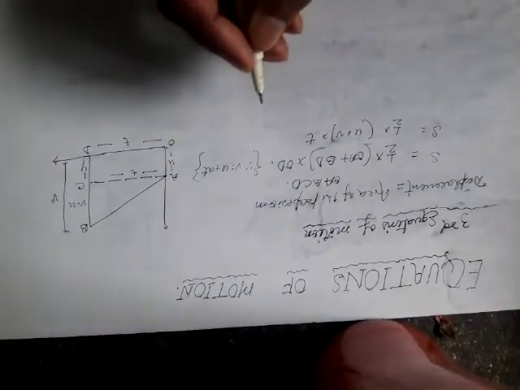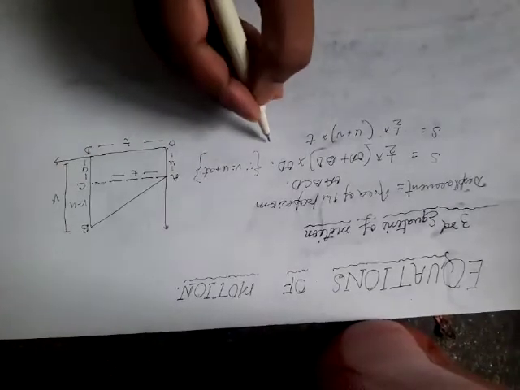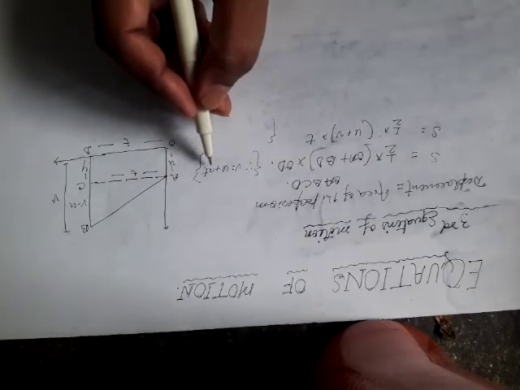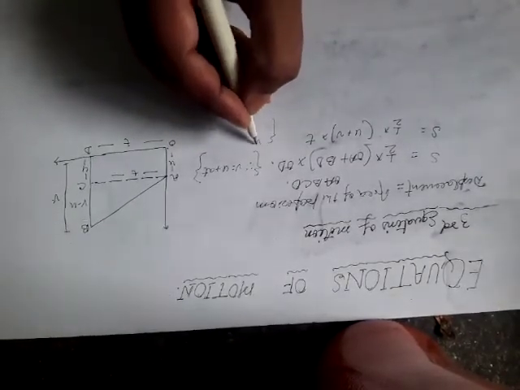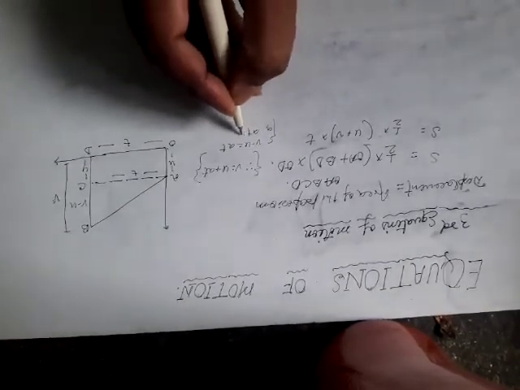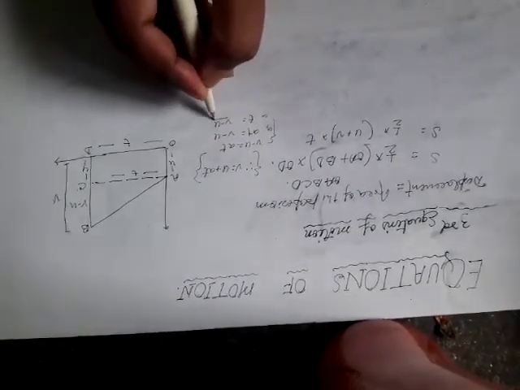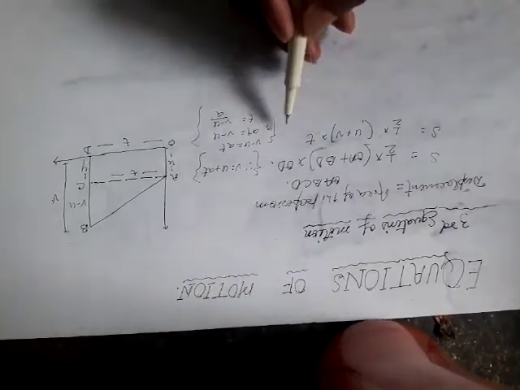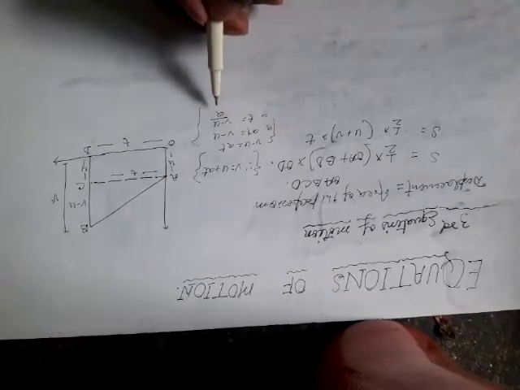Now in this case, we know that v is equal to u plus at. From this we write v minus u equals at, so at equals v minus u, or t is equal to v minus u upon a. Now in place of t, we will substitute this value, v minus u upon a.